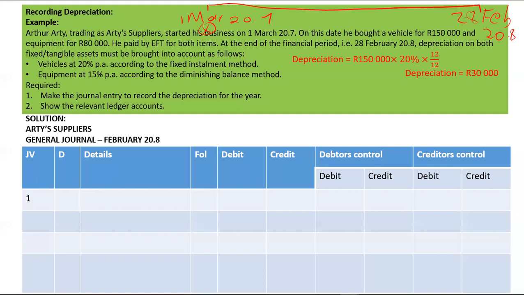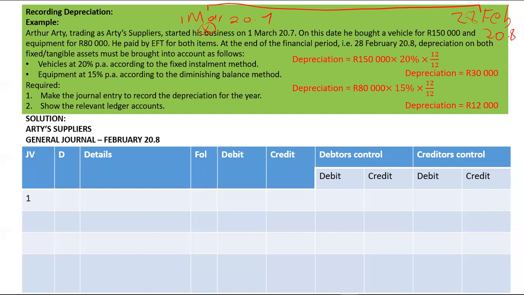That is because this equipment will not have accumulated depreciation. It is new. So when we calculate depreciation on equipment, it'll just be 80,000 times 15% times 12 over 12, and the depreciation on equipment here will be 12,000.